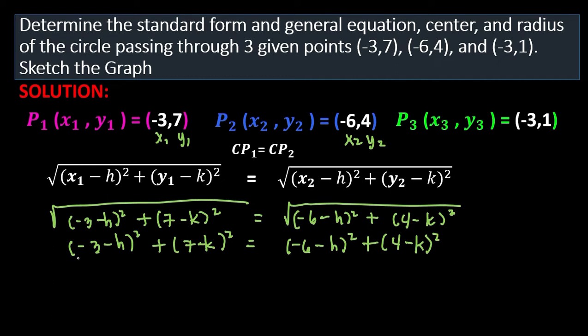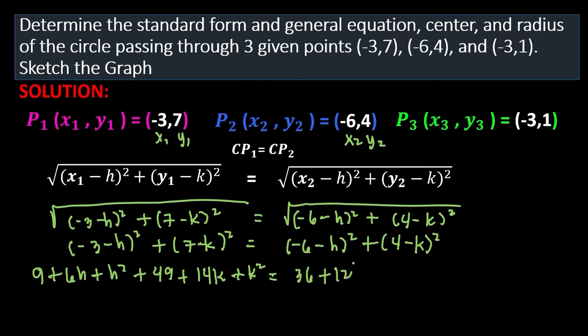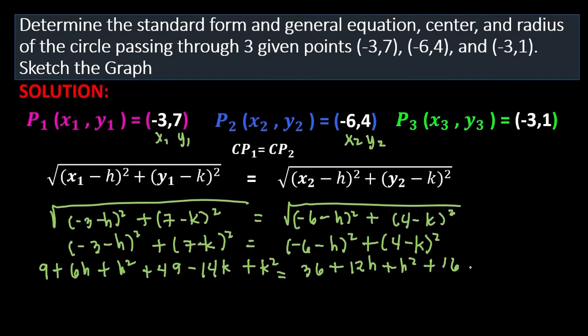So next, let us expand each equation. Expand muna natin yung negative 3 minus h, and we will have 9 plus 6h plus h square. 7 minus k square naman plus 49 plus 14k plus k square is equal to, so expand naman natin itong negative 6 minus h, we will have 36 plus 12h plus h square plus 16 plus 8k plus k square.